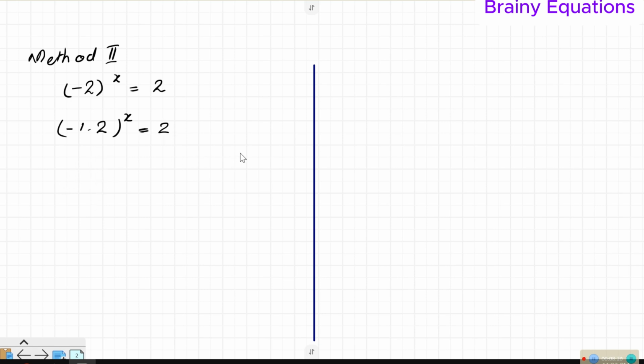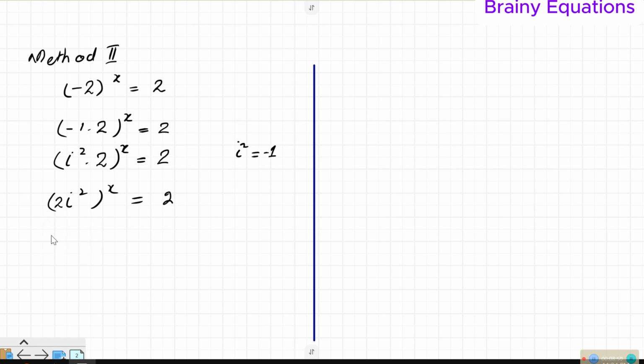We know that here i squared is equal to -1. So we can plug in the value of -1 here and we will get (i squared times 2)^x is equal to 2, or we can write it as (2 i squared)^x is equal to 2.